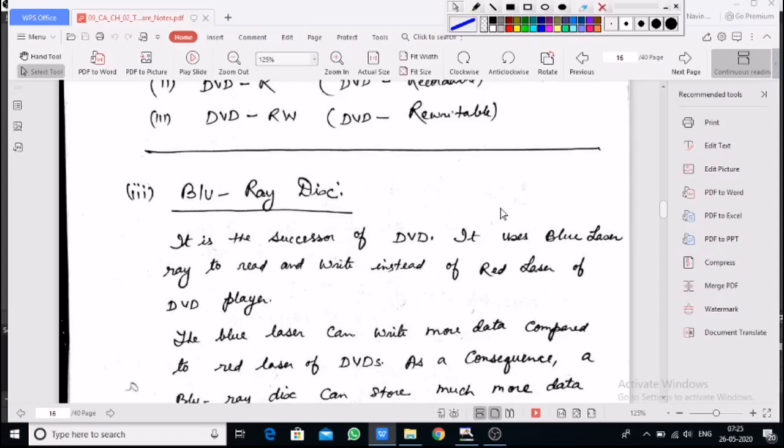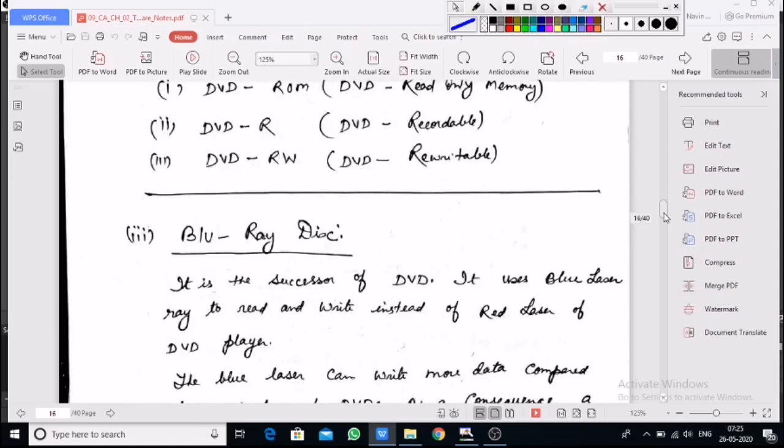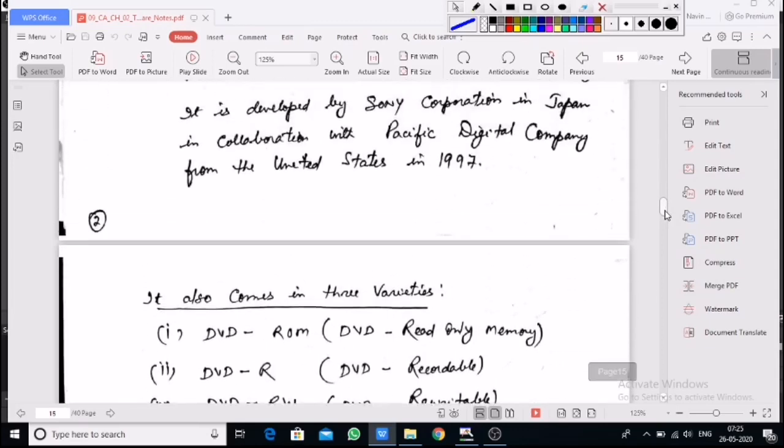These are examples of optical media. Let's go through each one of them.